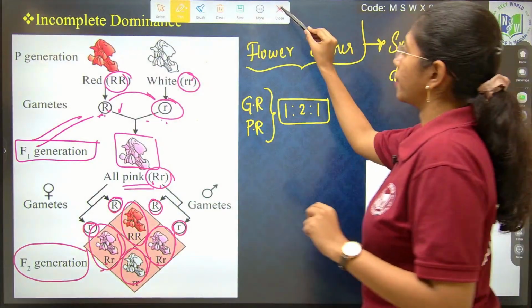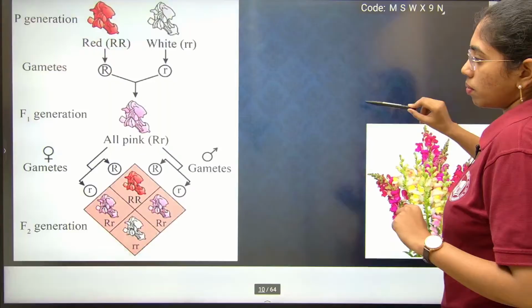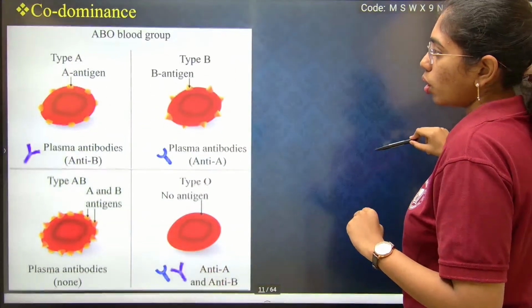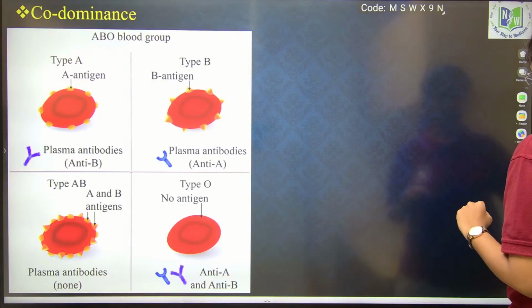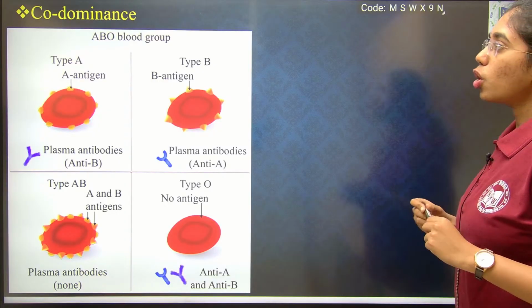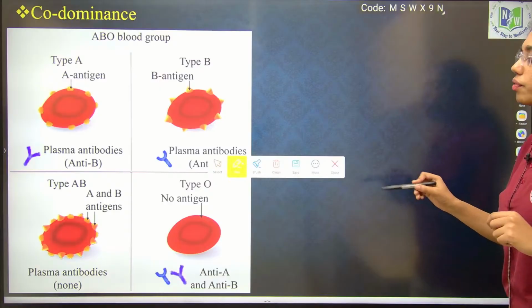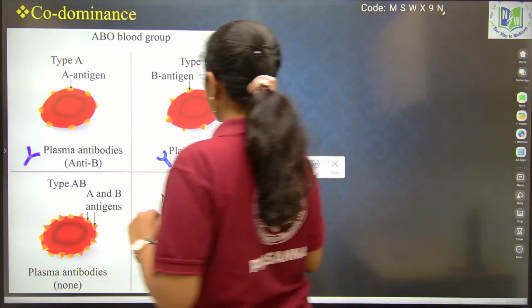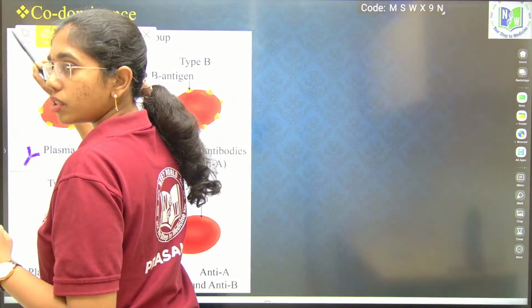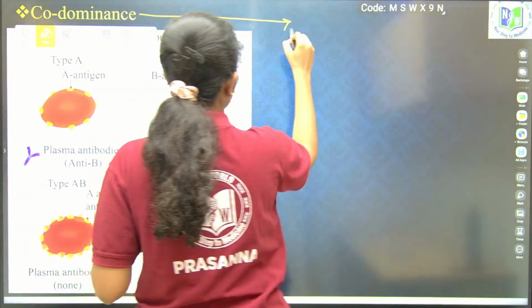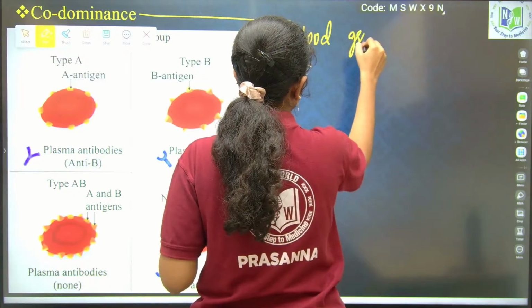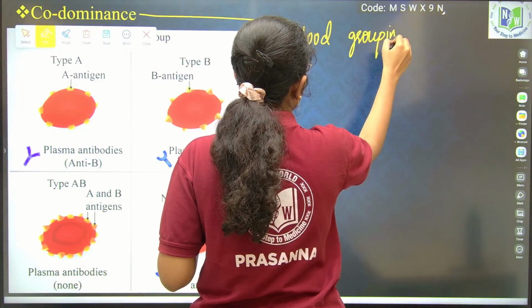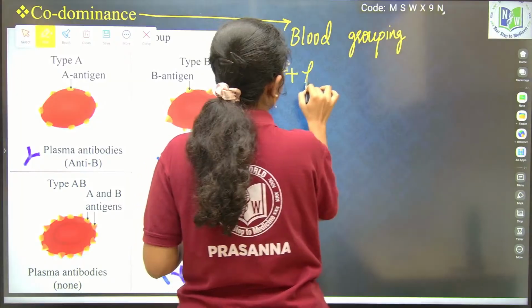And then codominance. Codominance is usually observed in blood grouping and lentil seeds.